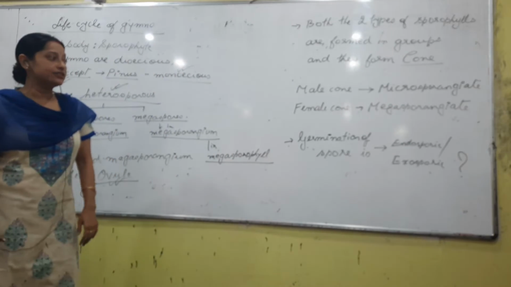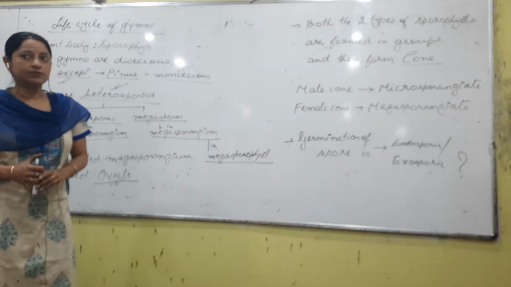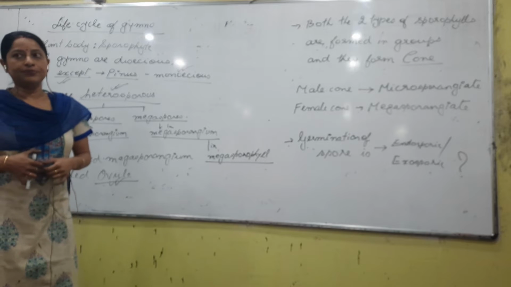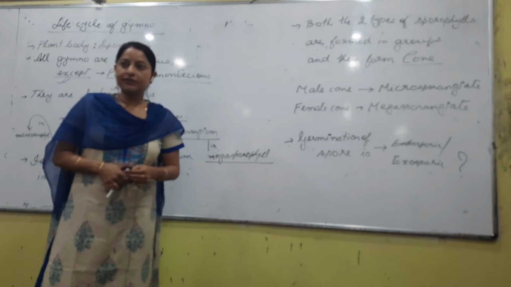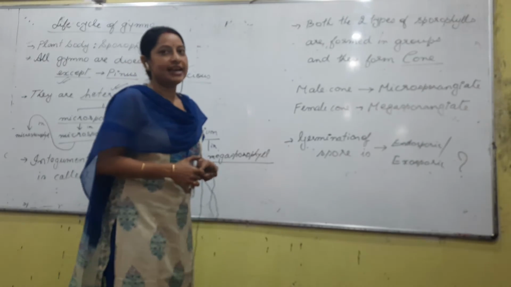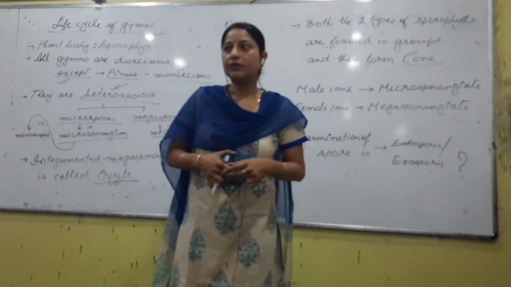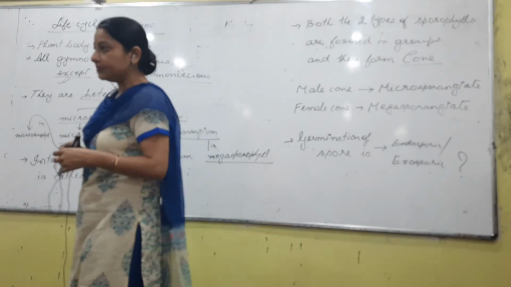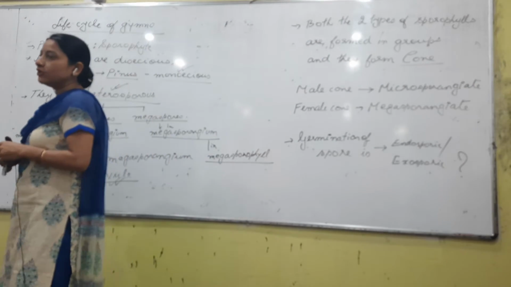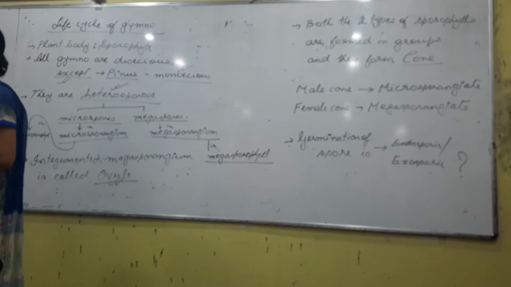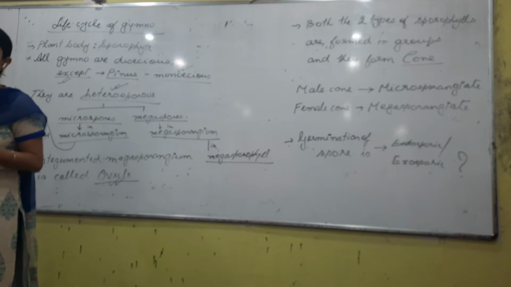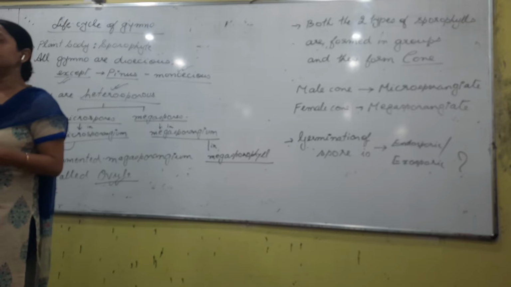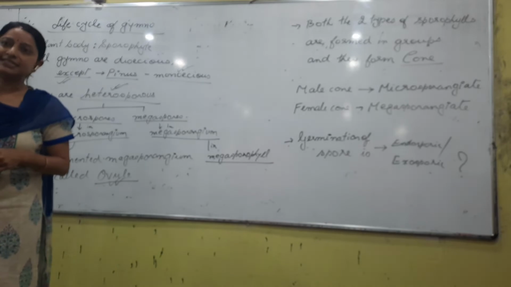Talking about the germination of spore, will it be endosporic or exosporic? What about the rest of the students? Endosporic or exosporic? The answer depends on whether seed forms in gymnosperms. Obviously we can see seed formation.